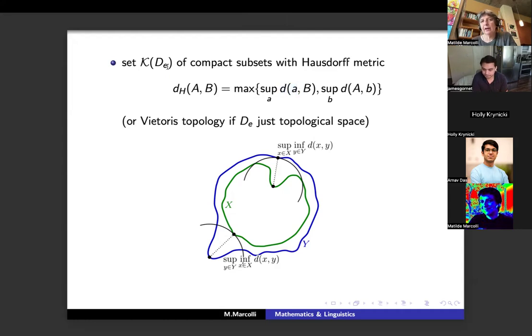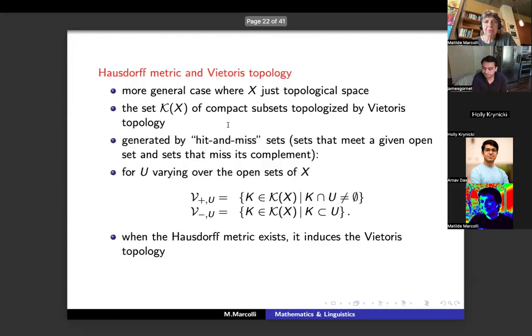And so if you don't have a metric on the underlying E, you can still define a topology using this Vietoris topology. This is okay. It's one of these long stories that one usually encounters in problem sets or point set topology, like this hit and miss type of topology.